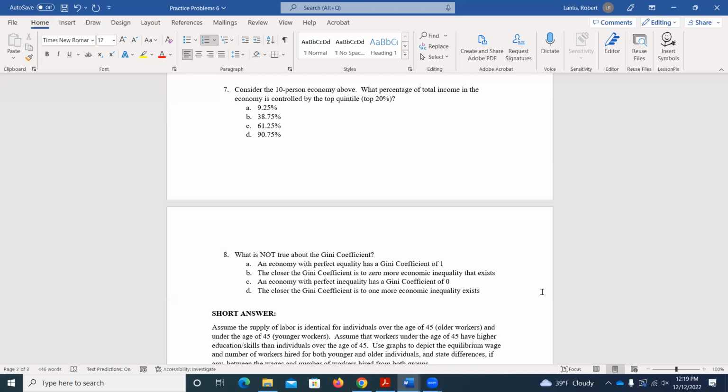So that area would always be 5,000, but you don't necessarily need to know that. We just need to know that our denominator is always going to be the area under that line of perfect equality. So if you draw a nice visual, okay, I've got this society, it's not perfectly equitable. How unequitable is it? Well, the area under that curve relative to the area under a scenario where we had perfect equality, that's going to represent my Gini coefficient, right?